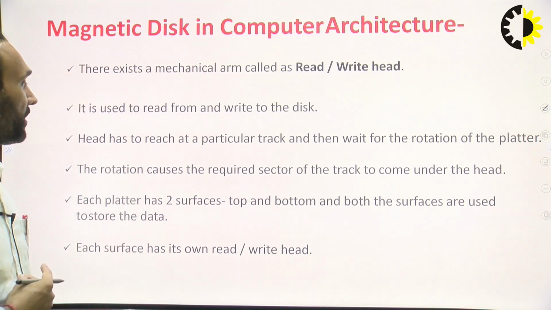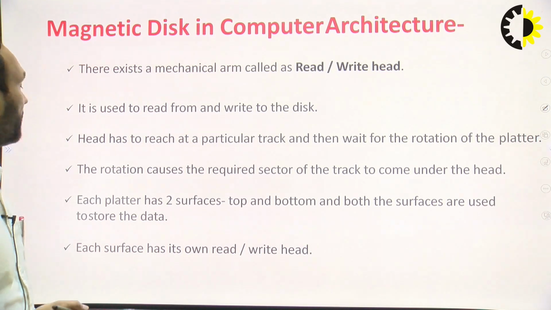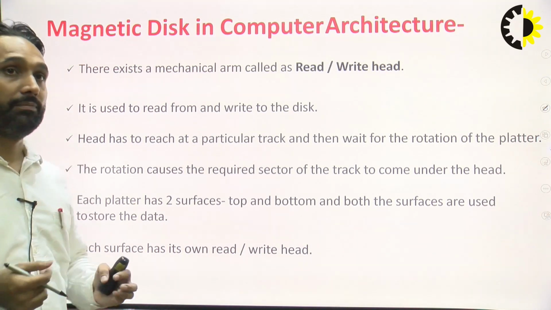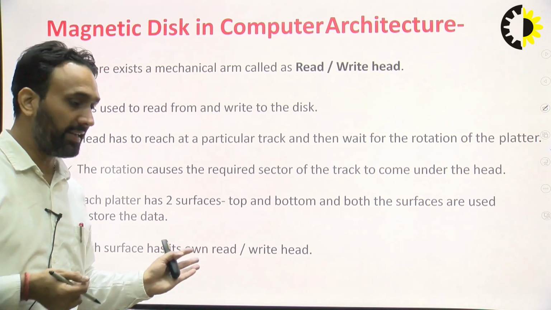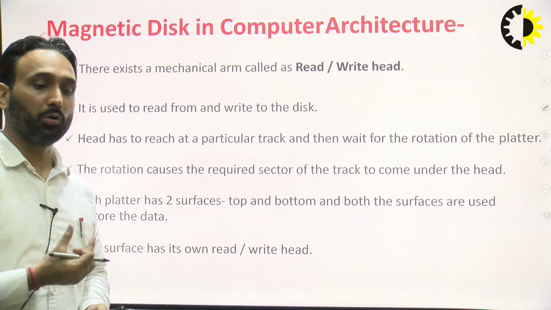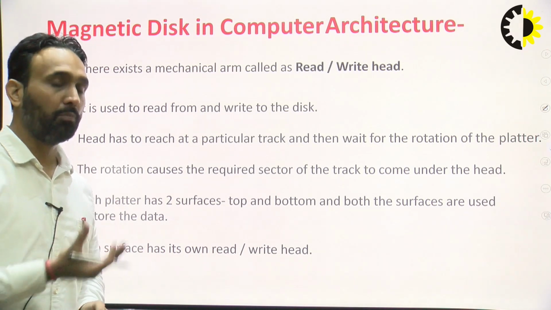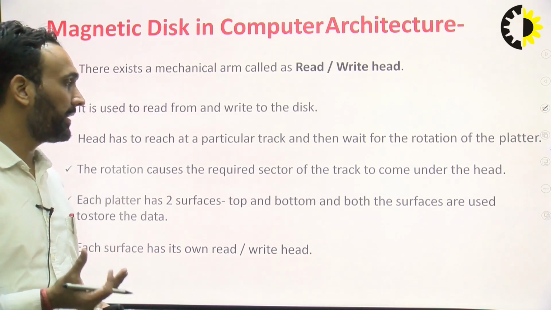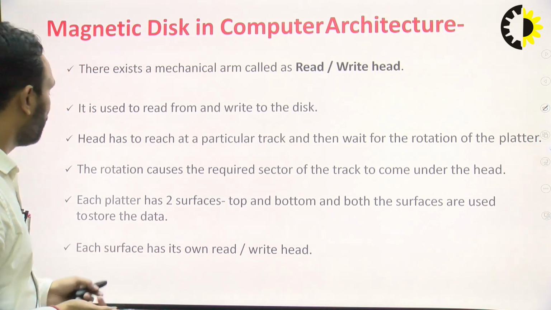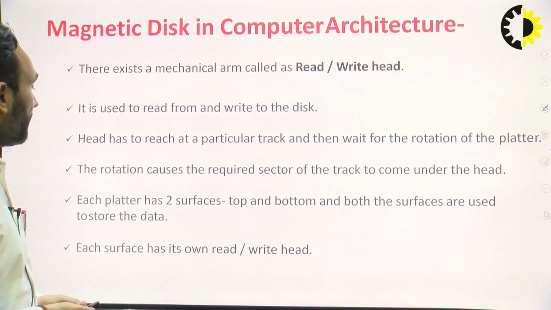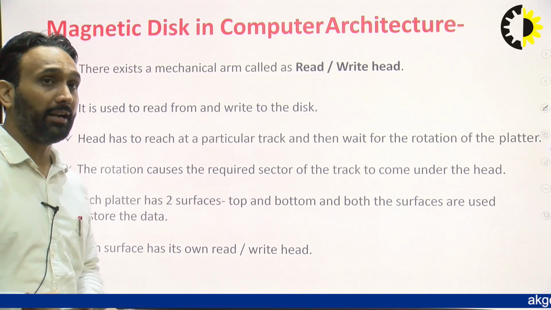Each platter has two surfaces, top and bottom. Both surfaces are used to store the data. In a magnetic disk, a track is used from both sides. From the top we read and write, and from the bottom side we also read and write the information. Each surface has its own read and write head.